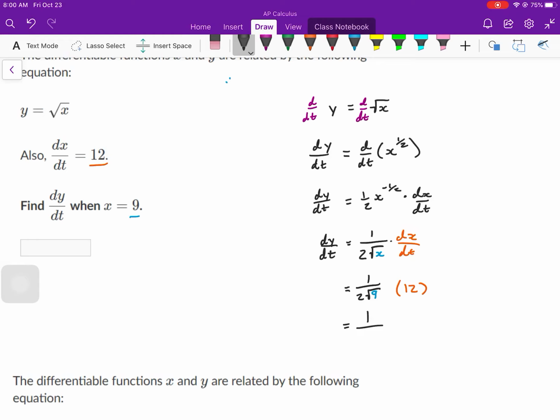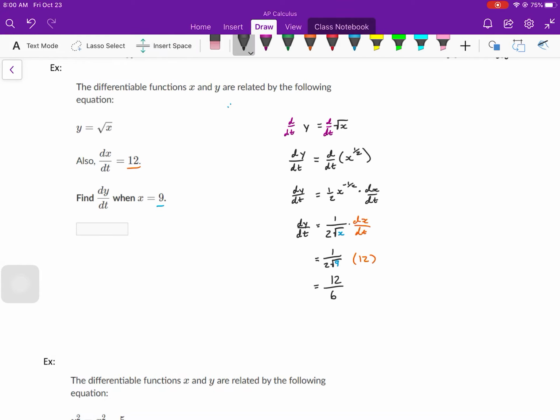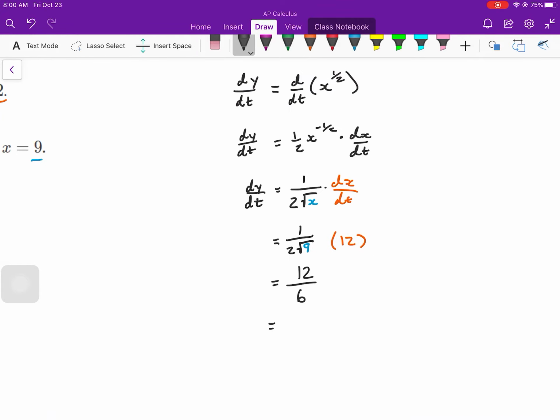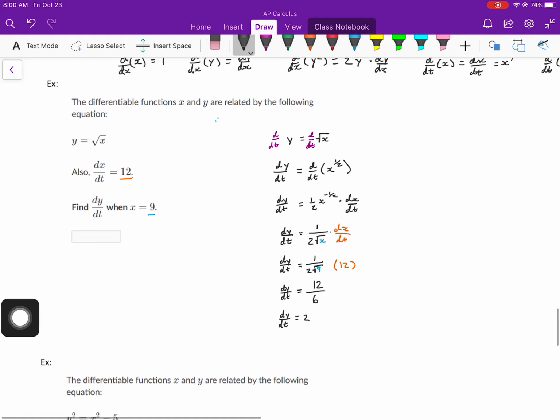So that's 1/2 times 3, which is 6. Well, 12 over that is 2. And that's the basic idea. The big thing is remembering to do that chain rule. We didn't have to do it on the y because there's no outside function. It's just y, so we didn't have to worry about it there.